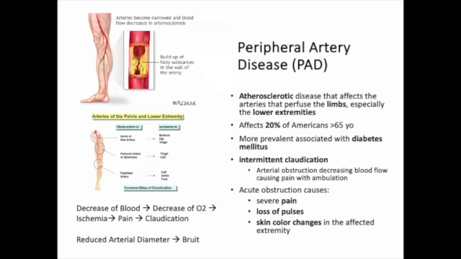You might get an ankle brachial index, or maybe a Doppler measurement of the blood flow in the arms and the legs. We've already discussed the importance of smoking cessation and treating diabetes appropriately, but also have a conversation with your patients about hypertension and dyslipidemia. Some patients may need to be on antiplatelet therapy as well, especially those that are more prone to thrombus.